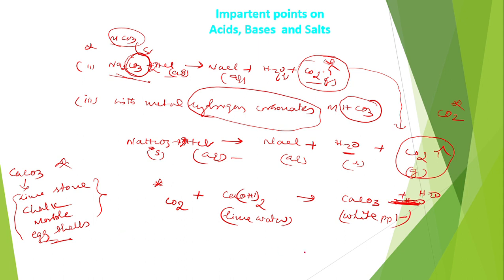Now we have passed carbon dioxide to lime water, that is calcium hydroxide. What we got? Calcium carbonate, that is white PPT plus water.